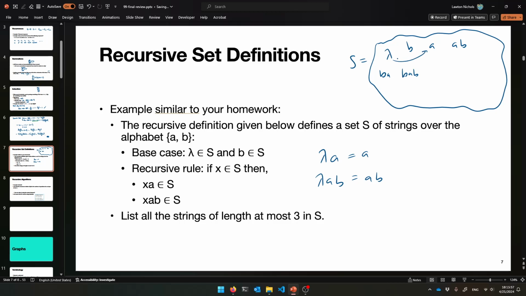It's like the lambda gave me those guys, the B gave me those guys, and then let's use the A now. What do we have thanks to the A? Well, X could be A. So we have AA, and then we have AAB. AA, AAB, so the A gave me these guys.